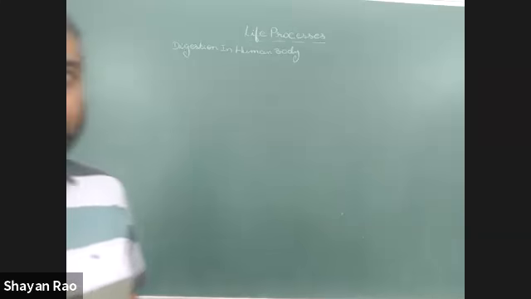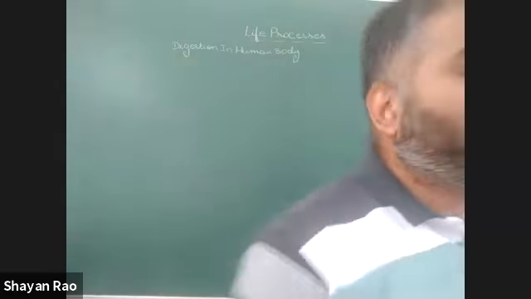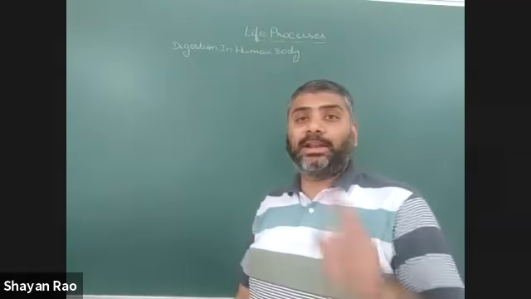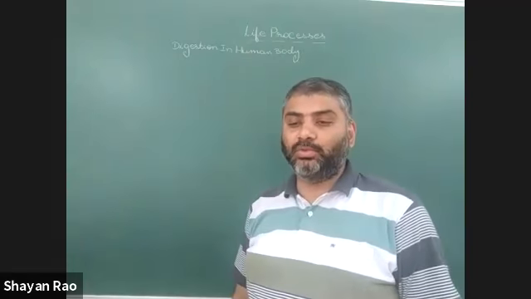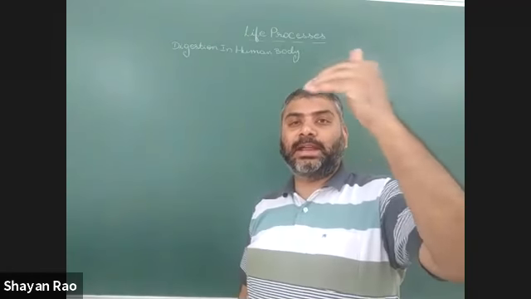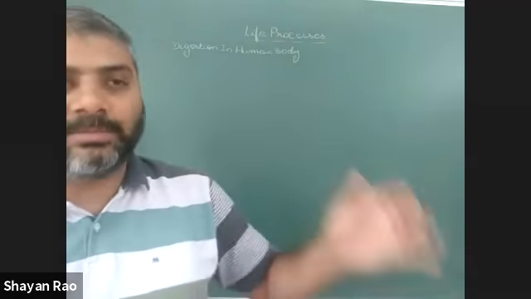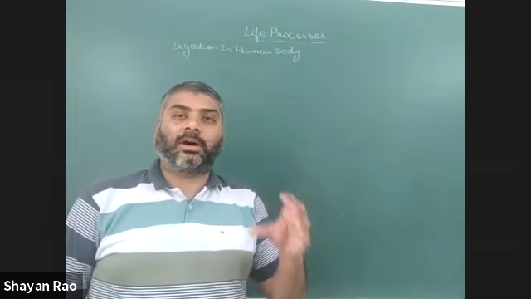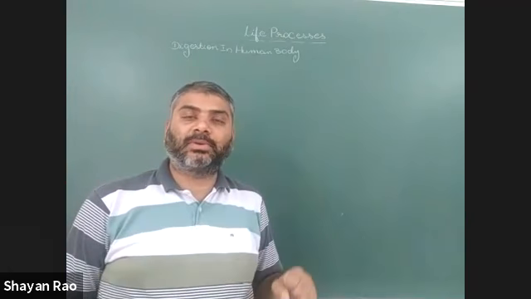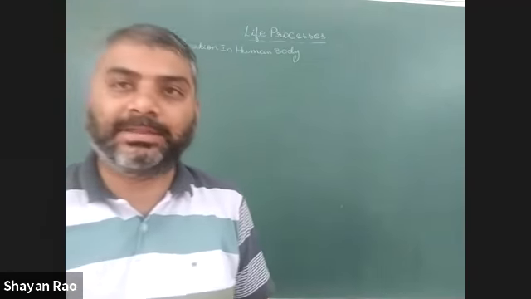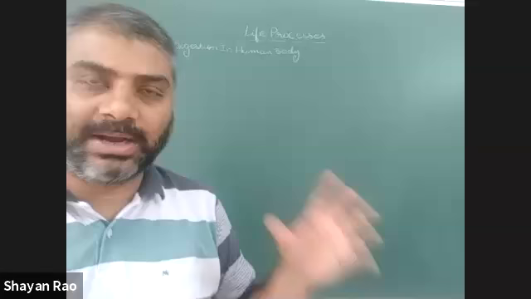In the previous part of the class, we had started understanding about the digestion activity in the human body. We understood the entire alimentary canal, the parts of the alimentary canal, the organs, and the different types of glands which are associated with that. All these things we understood.